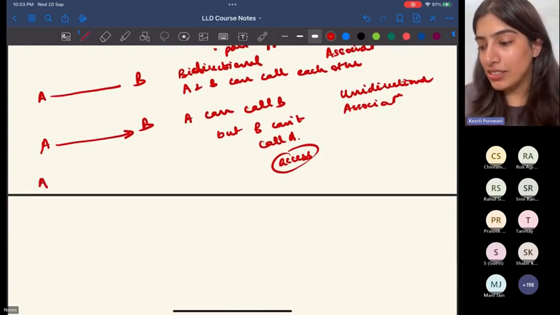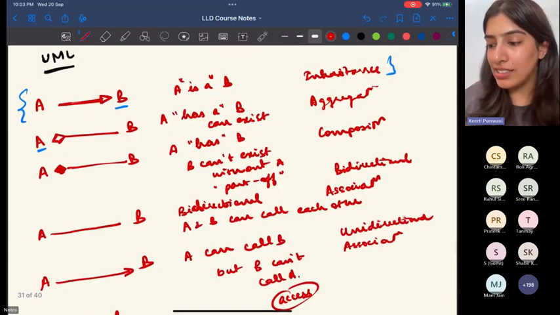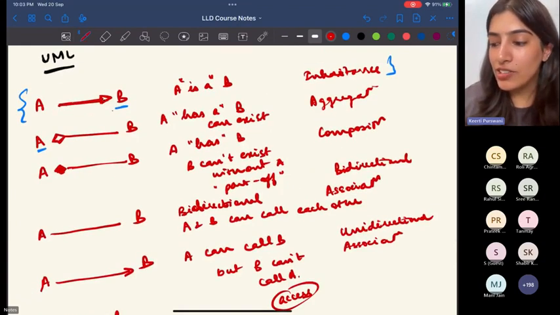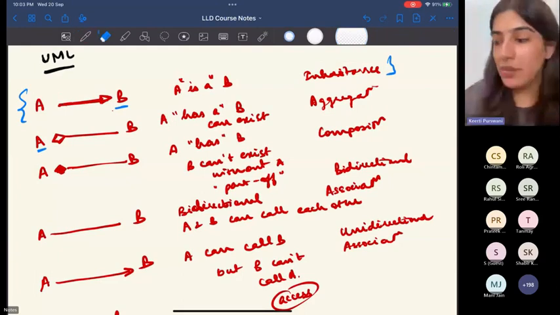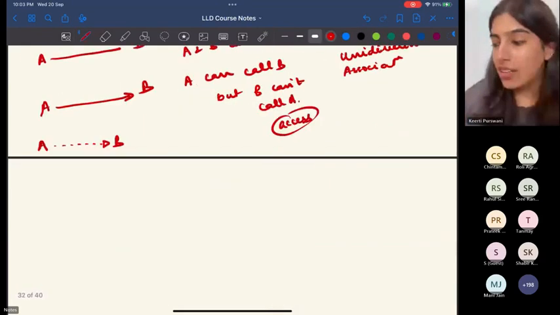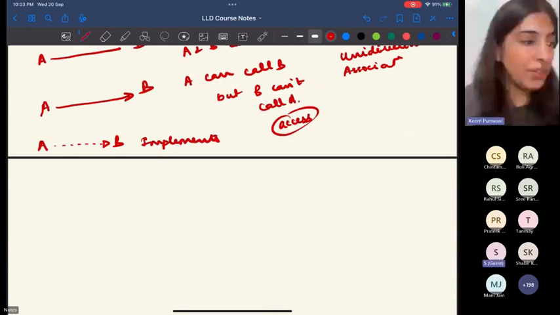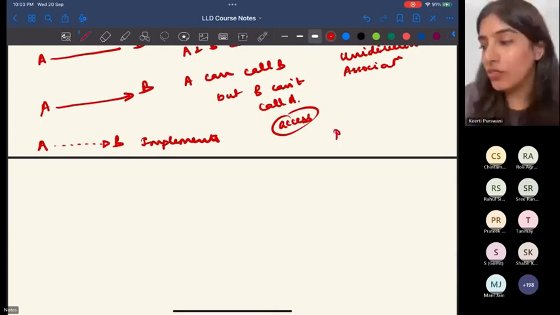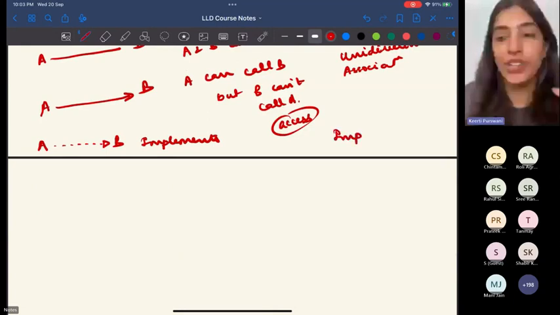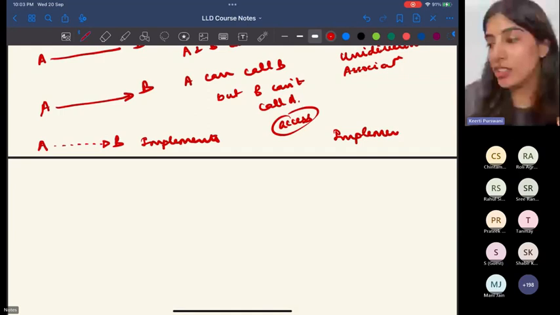So there is A and there is B. If you see, inheritance is like this, right? Instead of this, if you just make it dotted, then it becomes implements. Why implements? Because it then becomes implementation. You remember when we talked about interfaces and abstraction, we talked about implementation.